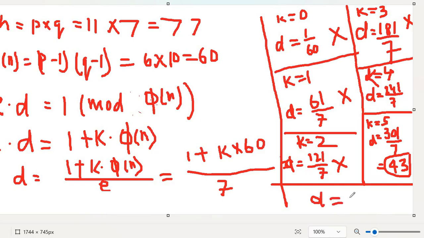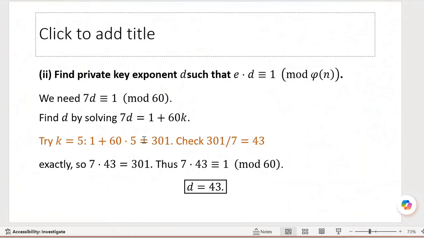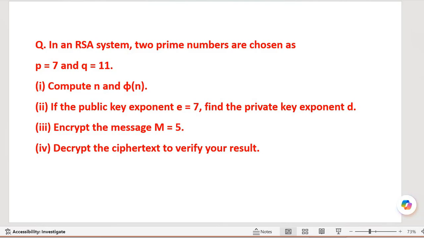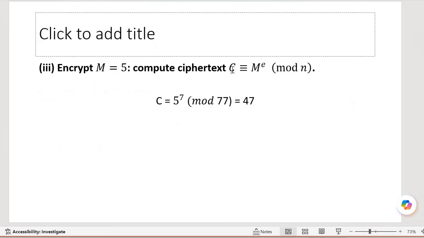So now we have the value of D also: P, Q, E and D. All these values we have. Next, encrypt the message M is equal to 5. For encrypting, there is an equation that we will use.